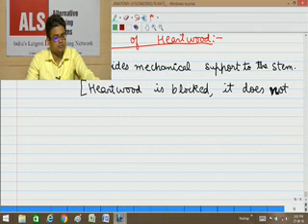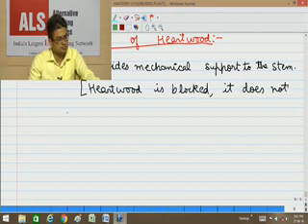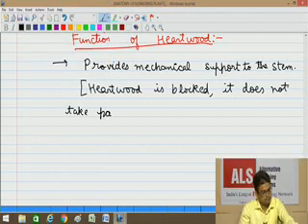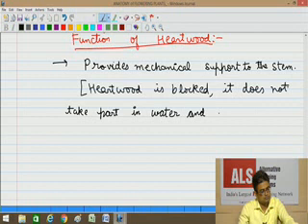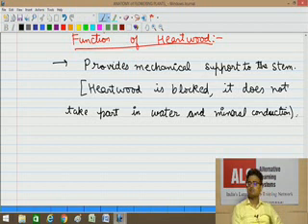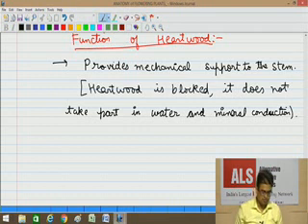It does not take part in water and mineral conduction.